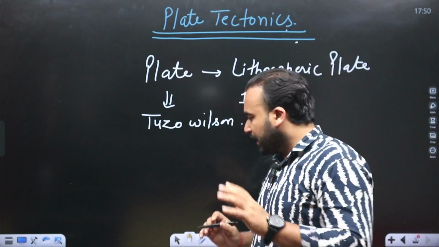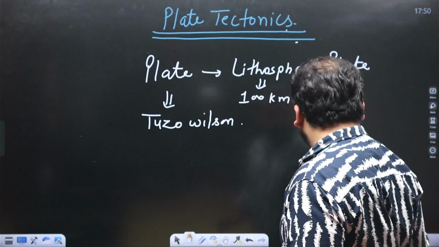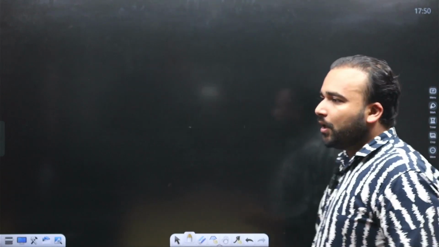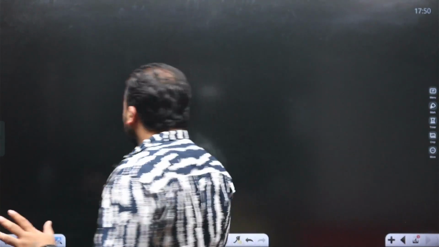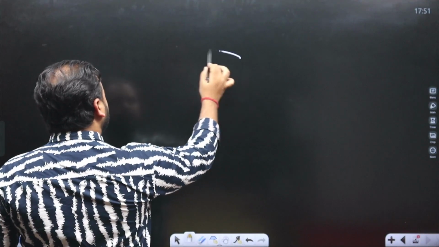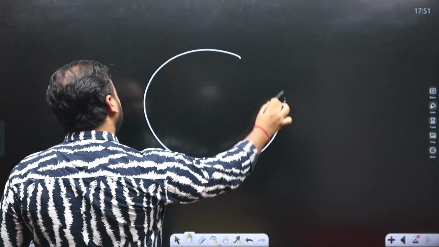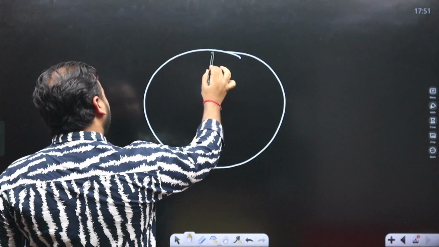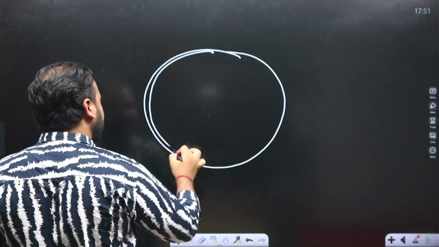Actually, if we talk about this, the whole earth is made up of three major layers.